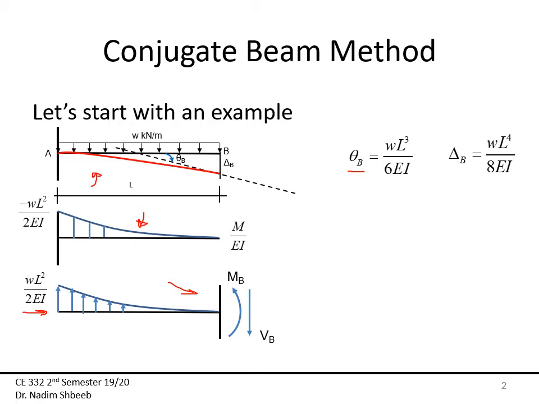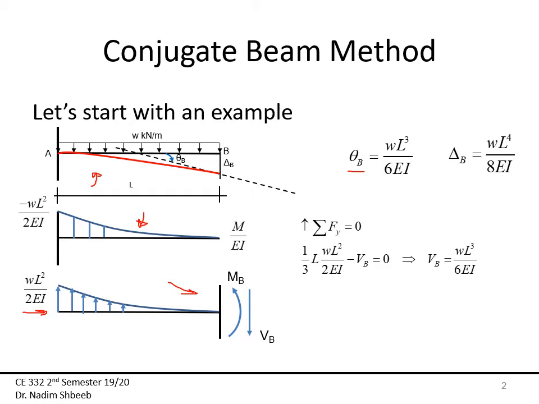Of course I can. Okay. I can find the moment at B, and I also can find the shear or the reaction at B. To find the reaction at B, or VB, for instance, or sometimes I call it BY, I'm just going to use the equilibrium equation, and I'm going to say that the summation in y direction is equal to 0.